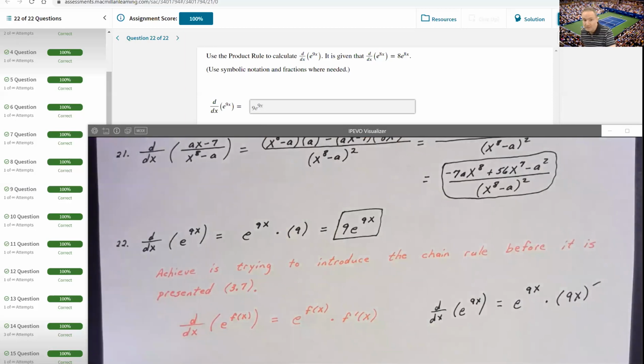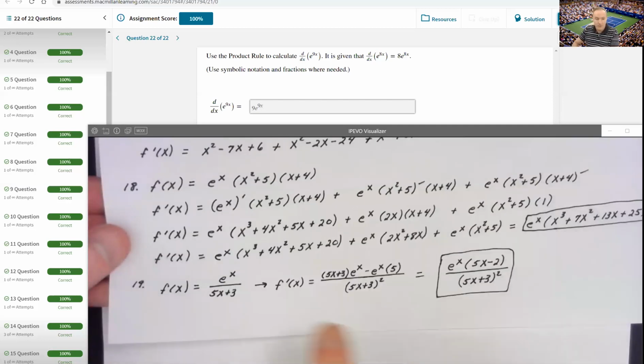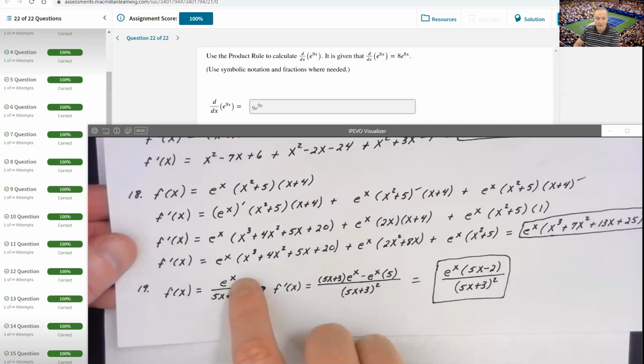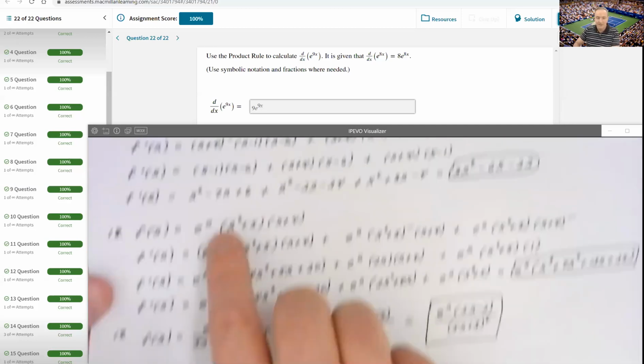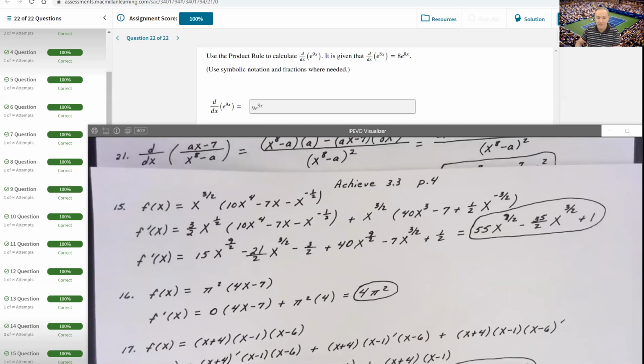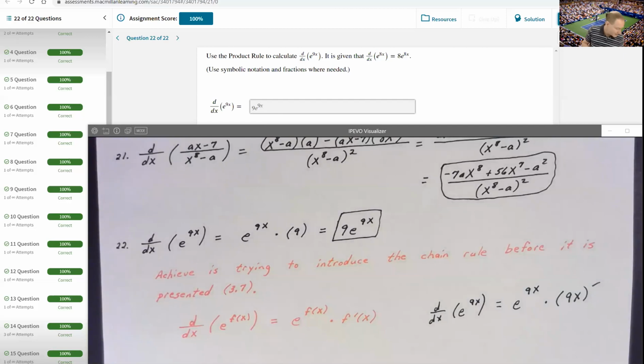Now, please keep in mind, this did not come into play in any of our earlier exponential functions. Any exponential function we had earlier, it would have had the derivative of its exponent being just 1. It was always just e to the x, e to the x. And any exponential function that we had anywhere earlier in this assignment was always just an e to the x.